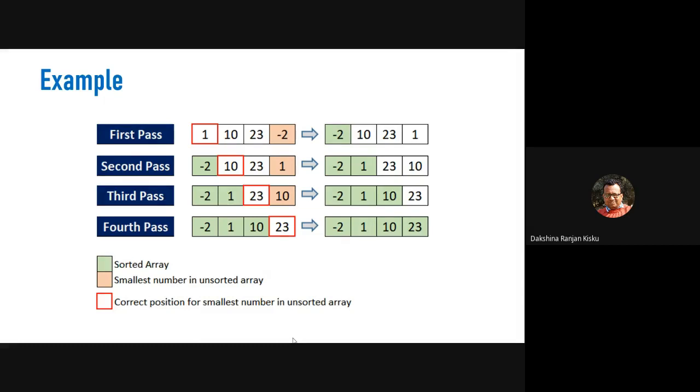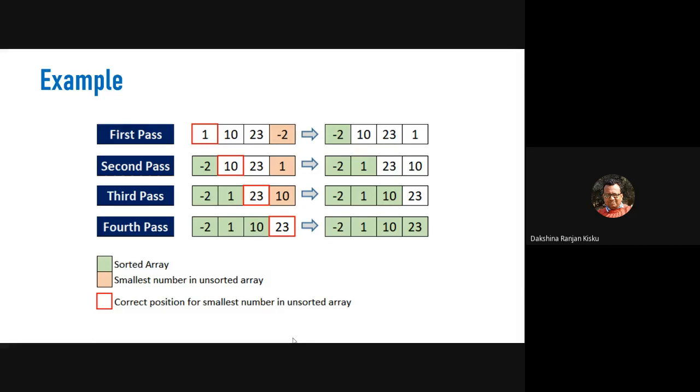In the fourth pass, we will go for the next smallest element, the fourth smallest element. The next smallest element is the last element of the array, since there are four elements in the array. Here 23 is the last element, and we found that 23 is at the proper position of the partially sorted array.